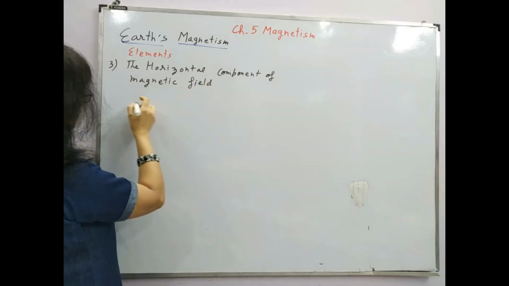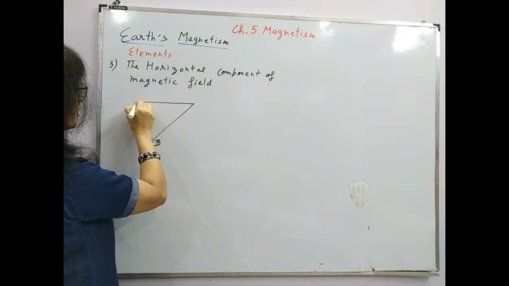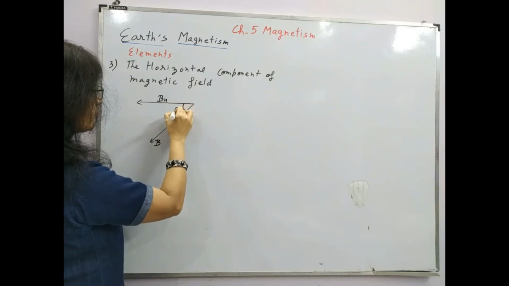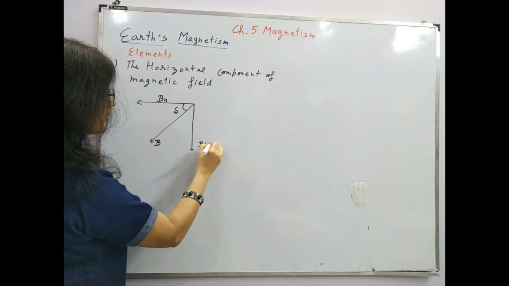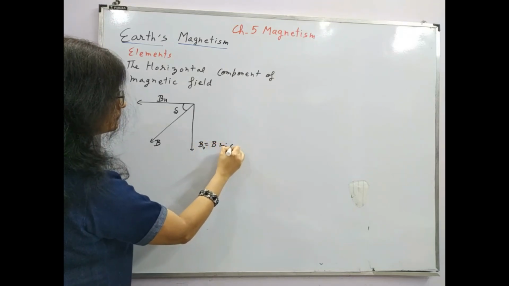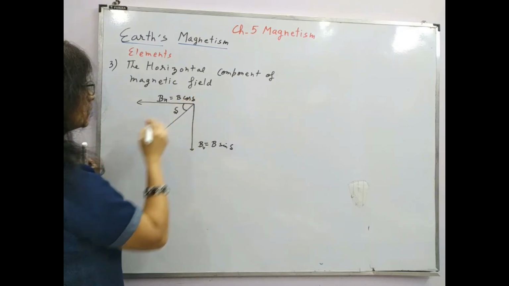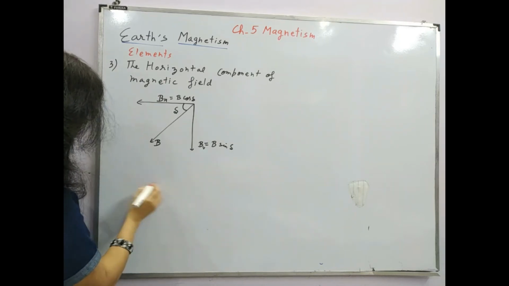So we know in the diagram, if this was your net magnetic field, if this is your horizontal component, this is your angle of dip, this is your vertical component, and if in the same diagram I want to draw all the three elements, I can draw this like this also.